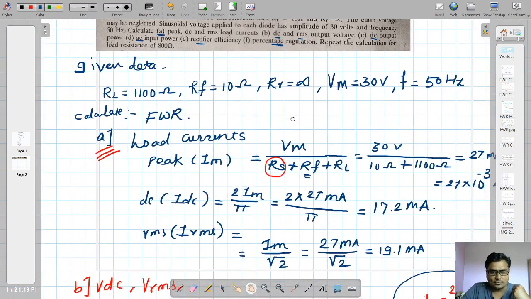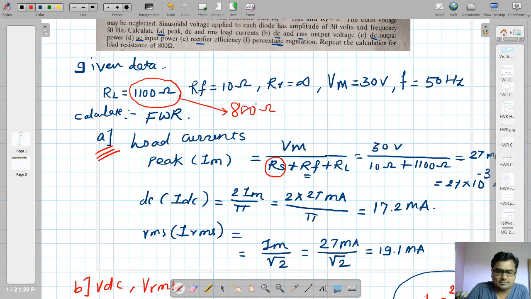Repeat all those calculations by keeping RL equal to 800 only. We have to do the same calculations again. Only, instead of using RL equal to 1100, now we have to use 800 ohm. Just replace the value of load resistance and do the rest of the things as it is.